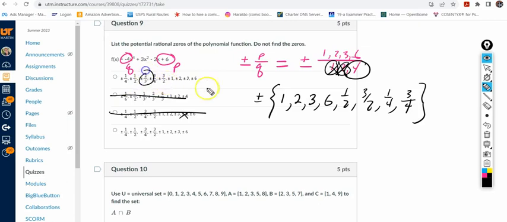No, I do not have 2/3 in my list. So my fractions are going to be 1/4, 1/2, 3/4 and 3/2. So it should be that last one there.